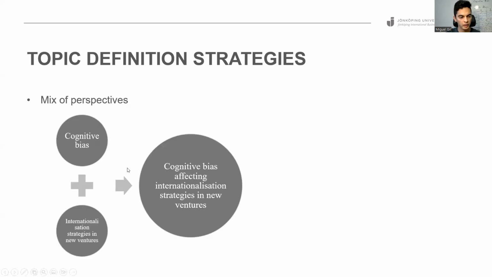In this example, I asked myself how difficult it is to challenge the assumptions behind what we know about cognitive bias in international business. And what happens is that we mostly know about large organizations or multinational companies and how cognitive bias affects them, but not in the context of new ventures and startups.